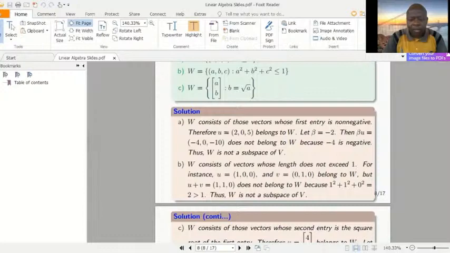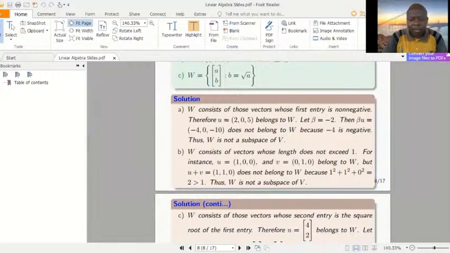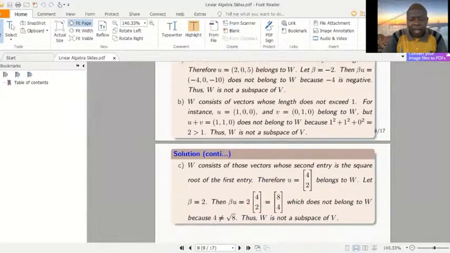So which one did I use in my working? I used this one. I said W consists of those vectors whose second entry is the square root of the first entry. Therefore, vector U, which is 4, 2, belongs to W. Then I chose a scalar beta and got the product 8, 4.